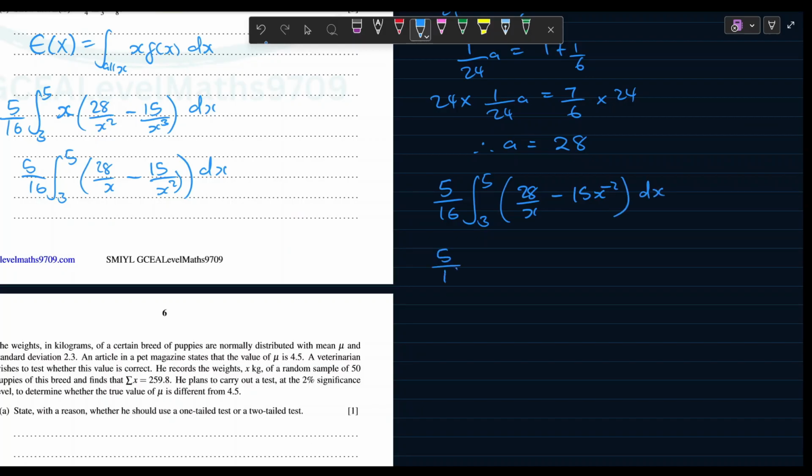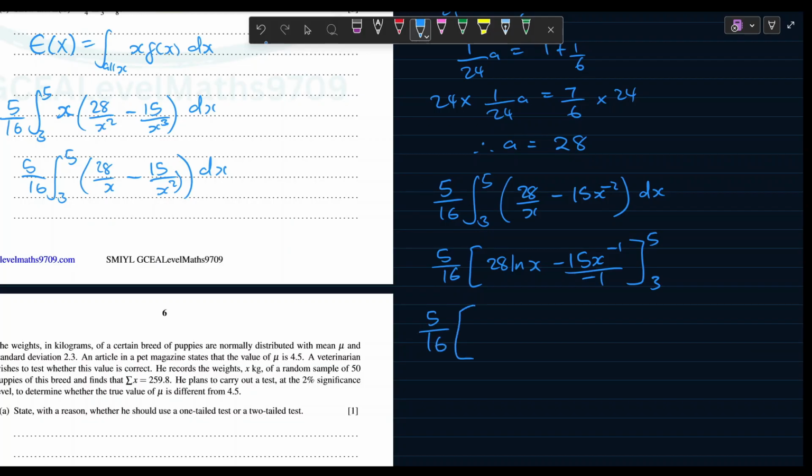So that's going to be 5 over 16 and 28 over x. If you integrate this, it's 28 ln x. Then we've got minus 15x to the negative 2. So add 1 to negative 2, it becomes negative 1, divide by the negative 1. And this is from 3 to 5. So we've got 5 over 16.